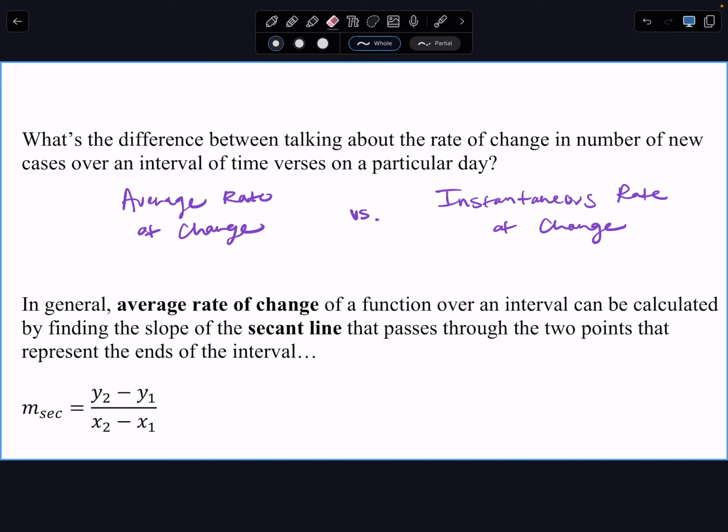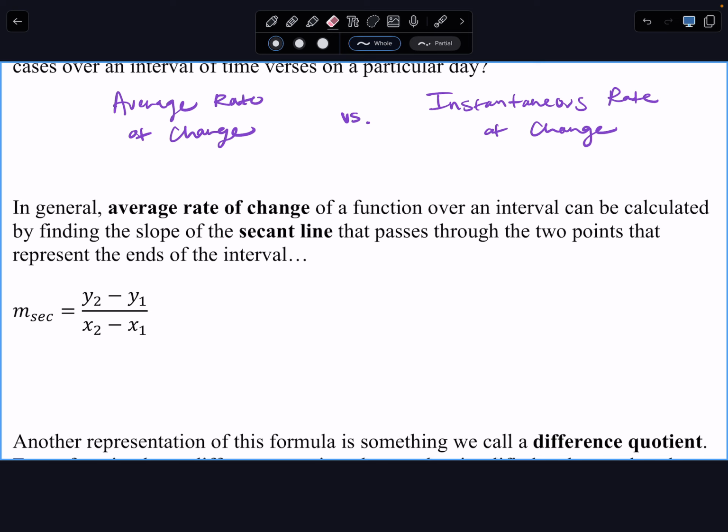And then this next part is where we're going to finish off. In general, the average rate of change of a function over an interval can be calculated by finding the slope of the secant line, which is what you just did, that passes through the 2 points that represent the ends of the interval. So just in general, if we think about having a function, I'm going to draw a curve in Q1 for simplicity.